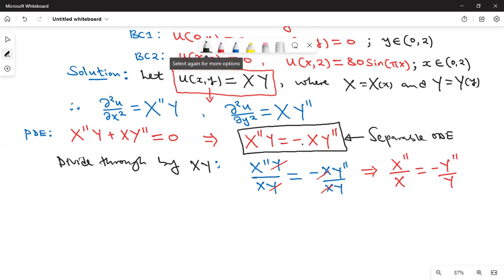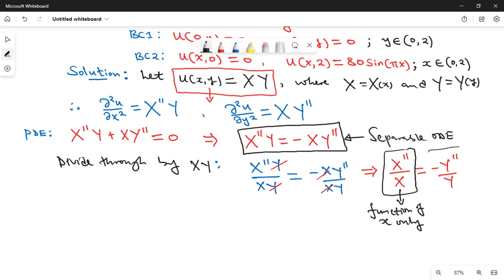If you look at the left-hand side of this equation, you realize that we only have a function of x only. So the left-hand side is a function of x only. What about the right-hand side of this equation? I can only see functions of y only.